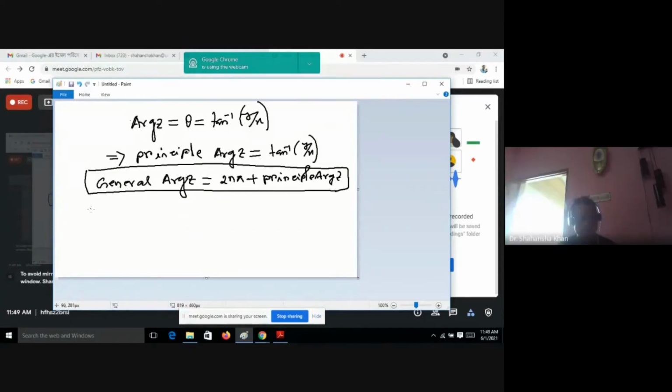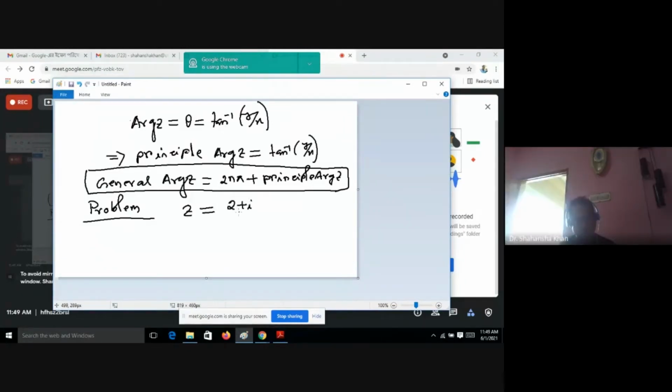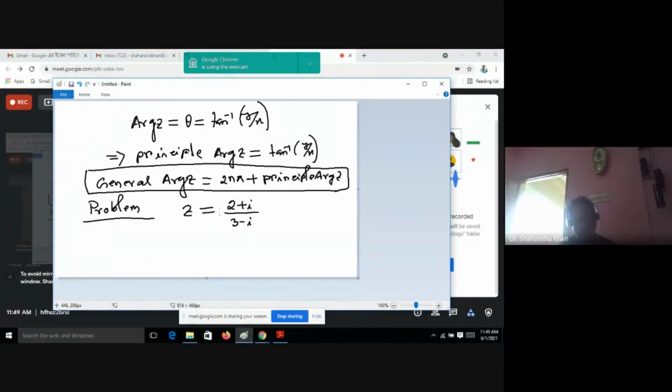Okay. We want to discuss a problem now, on modulus and argument. Z equals (2 plus i) divided by (3 minus i), whole squared.